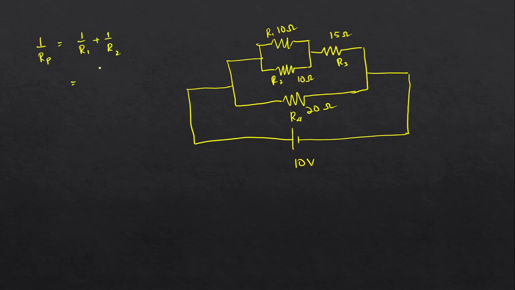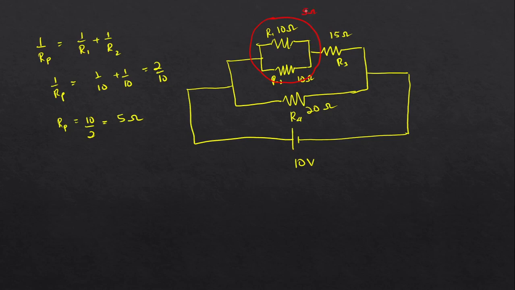So this will be 1 by 10 plus 1 by 10, which is 2 by 10. 1 by Rp is 2 by 10, then Rp will be equal to 10 by 2, which is 5 ohms. The resistance offered by both R1 and R2 together will be only 5 ohms.